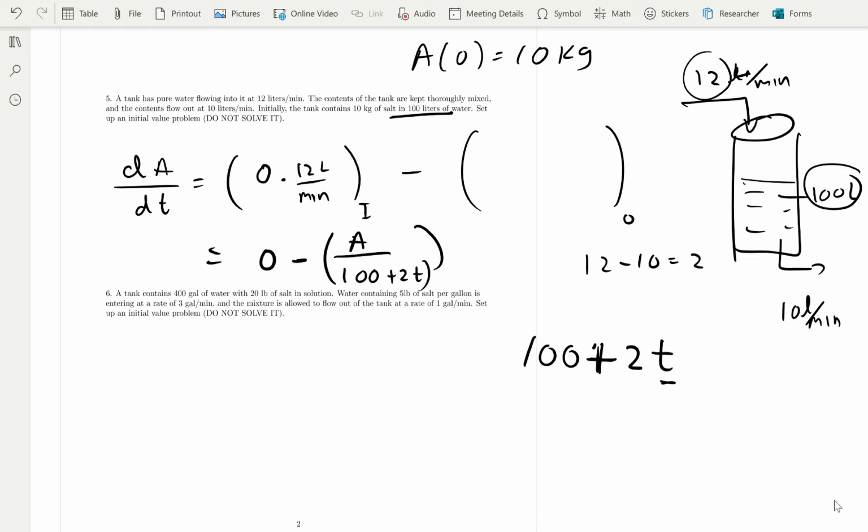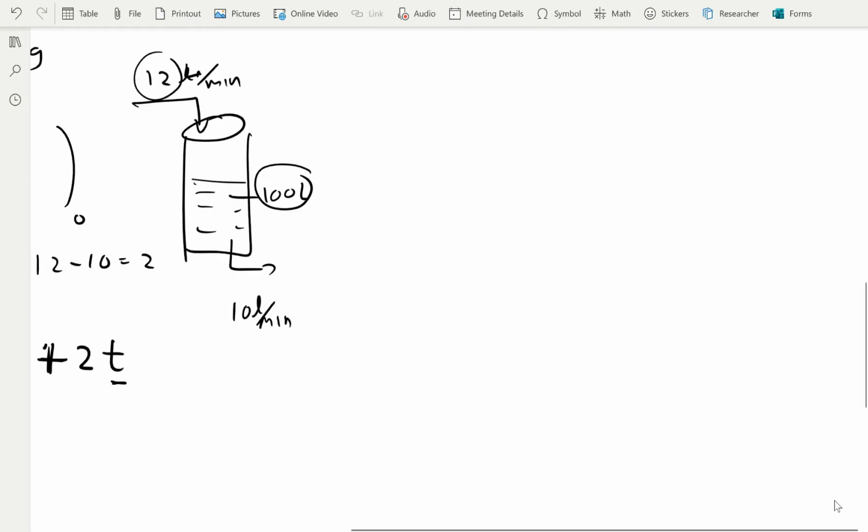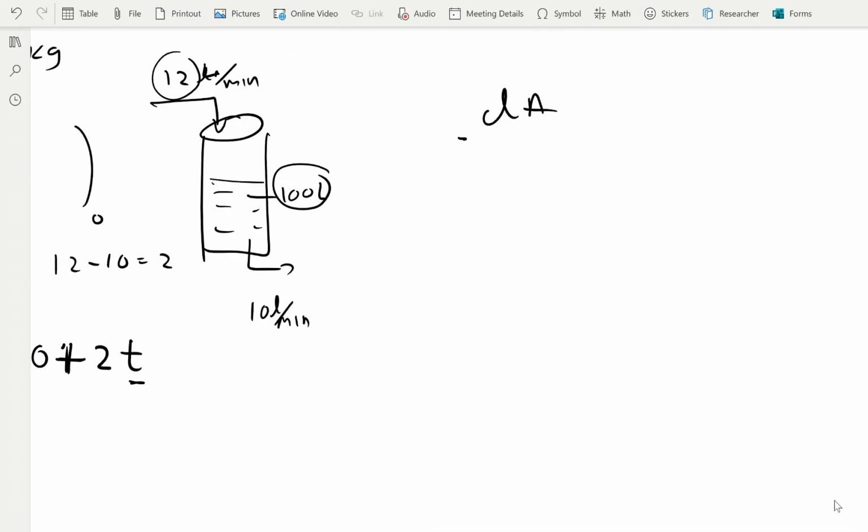So that's the difference from previous problems. In previous problems, volume was a constant, just a value, because the inflow rate and outflow rate were the same. But here it's different. And for the outflow rate, now you have to multiply by 10. So really, let's find a new space. So dA over dt: inflow, there's nothing coming in. So 0 minus A over 100 plus 2t, times 10.